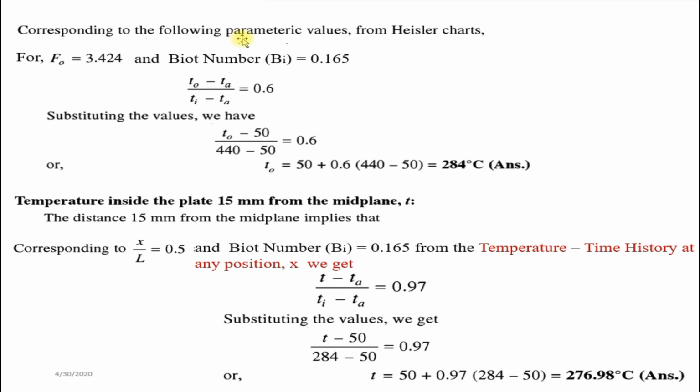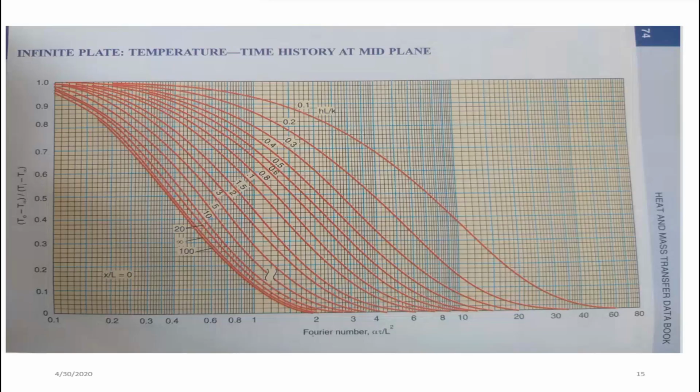Corresponding to the parametric values from the Heisler chart, for the Fourier number 3.424 and Biot number 0.165, we go to the graph of time history at mid plane, because we are going to find the mid plane temperature. The problem type is infinite plate. In this graph, the Fourier number is on the x-axis and hL by k, which is nothing but the Biot number, is in the graph.